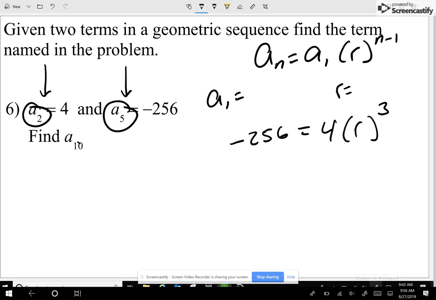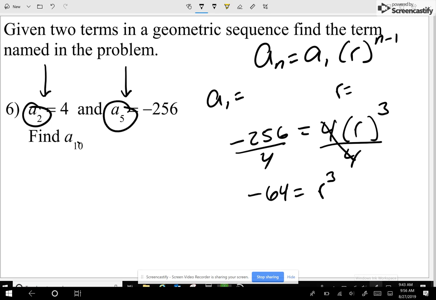So I wanted to do something where my r was not to the 1 power. So let me divide both sides by 4. Negative 256 divided by 4 gives me negative 64 is equal to r to the third power.